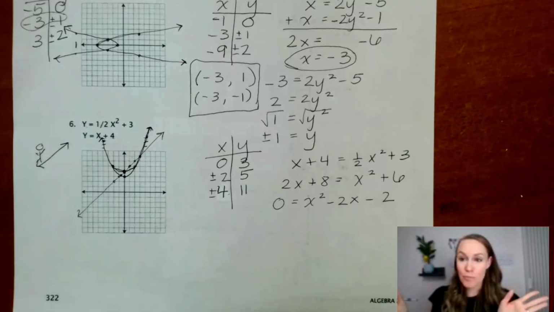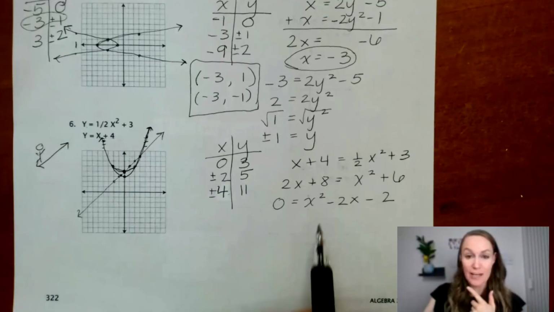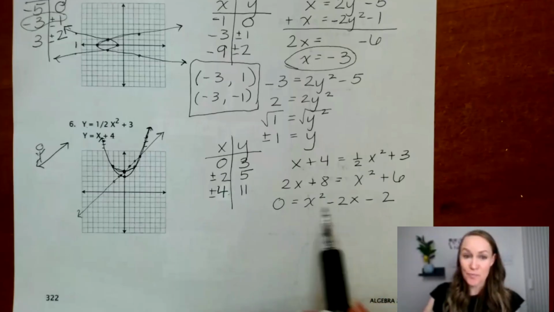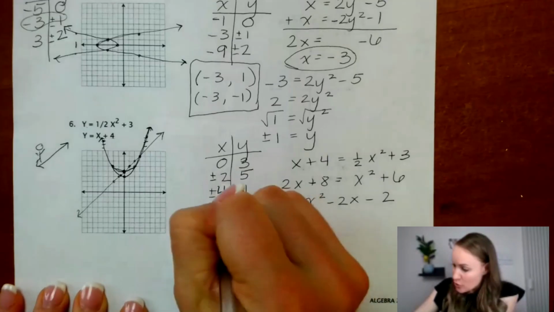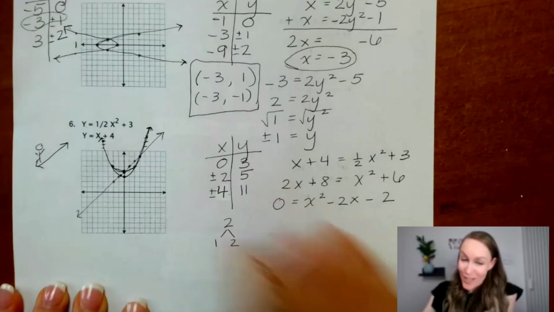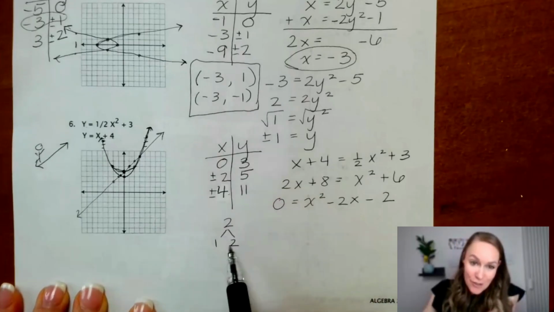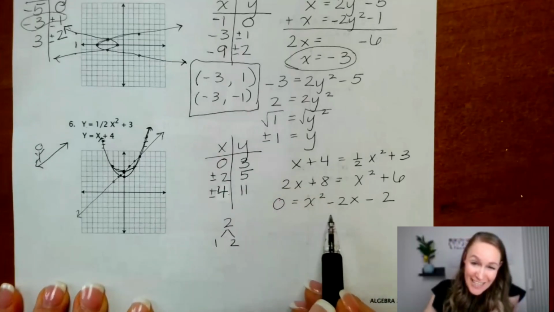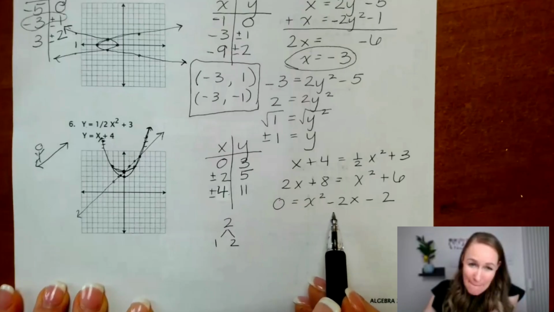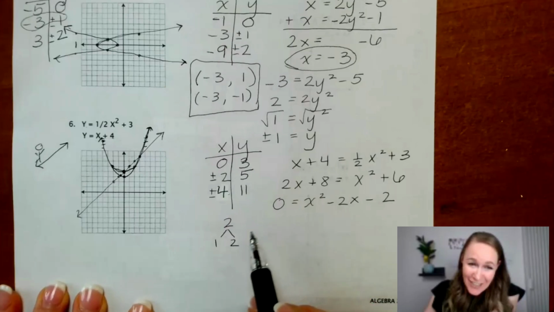Okay, not too bad. I'm going to see if I can factor this because factoring is often faster and I don't have big numbers. So 1 times 2 is 2. List all factors of 2. There's only 1 and 2. So can I add or subtract them to get negative 2? And the answer is no. I could get 1.